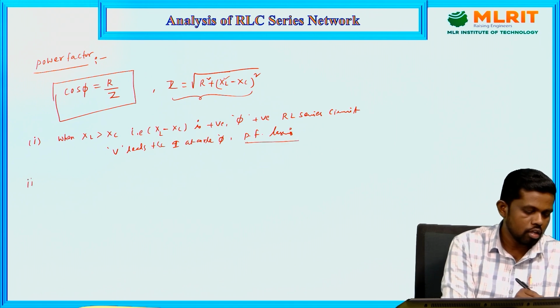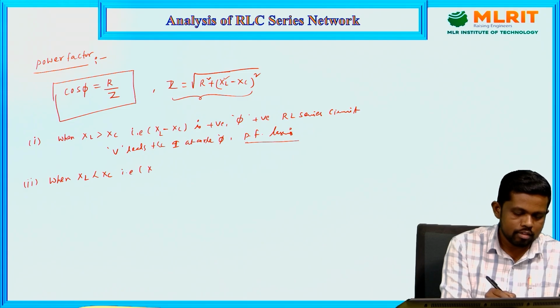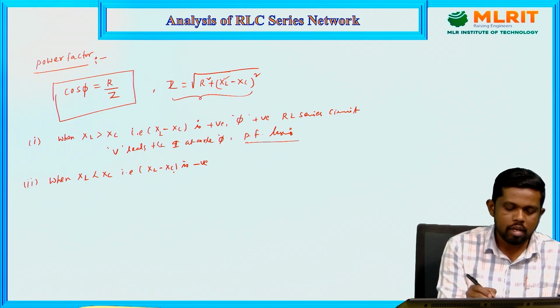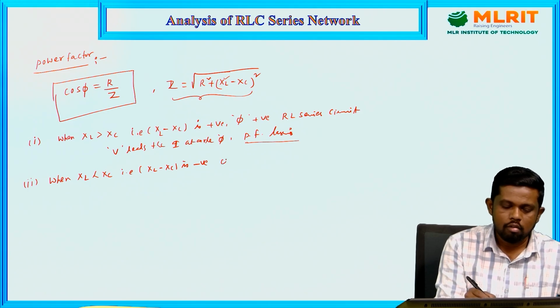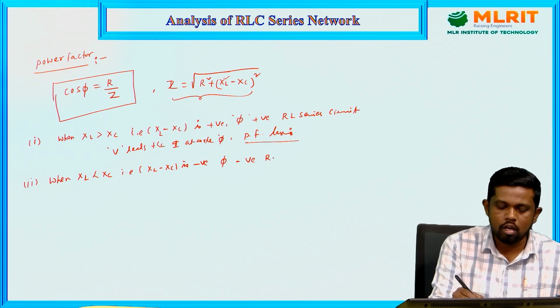Then case number 2: when XL is less than XC, the XL minus XC term is negative, because this is the term we have to consider. Then the phase angle should also be negative. So the whole RLC series circuit should behave like a pure RC series circuit.